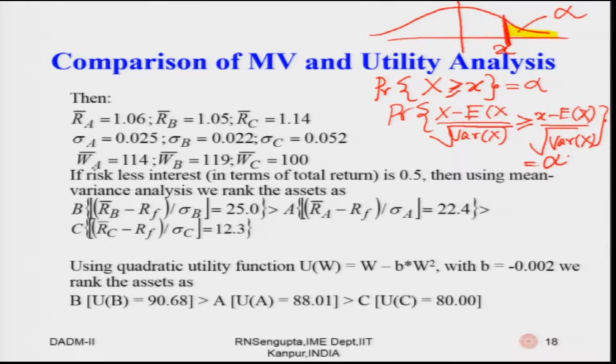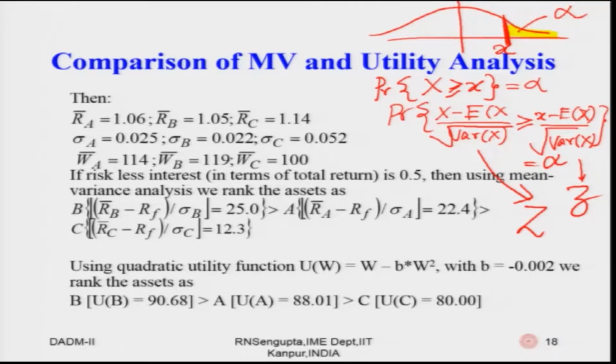So, this will be converted into standard normal, this becomes capital Z and this becomes small z. So, you can find out from the tables. So, higher the value, lower the value, you can pass your comments or judgments accordingly, judgments based on how you are going to rank them.